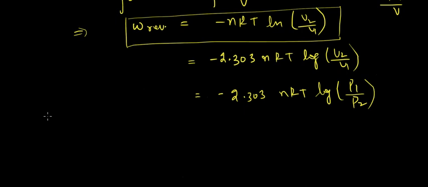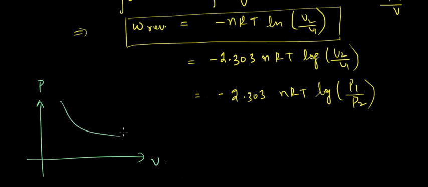Okay, next let us see the graph of the same. So suppose we have a graph of P and V, and the gas is going from point A to point B. Okay, so from state P1 V1 to state P2 V2.